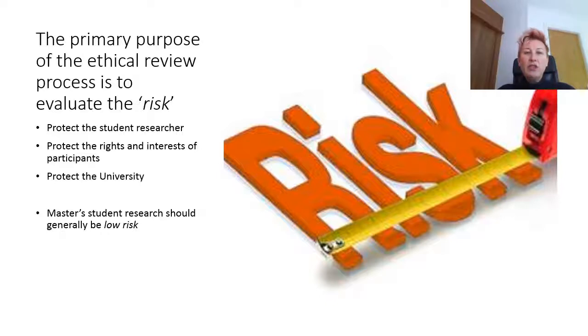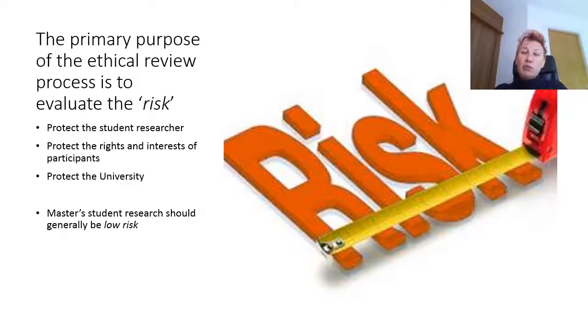So why do we have to go through the ethical review and approval process before we can begin our research? Well, the reason for that is that we have to make sure that the risks involved in any given project have been minimised. So the primary purpose of the ethical review process is to evaluate the risk that's associated with your project. We have to make sure that we are protecting you as the student researcher.